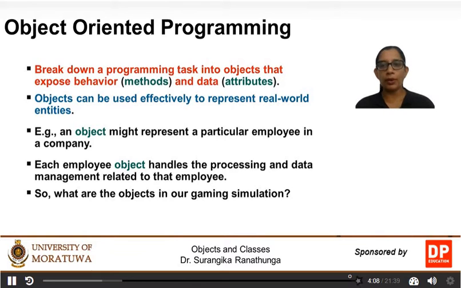An employee object handles the processing of and data management related to the corresponding employee in the company. So, what are the objects in our gaming simulation when it is running? There can be multiple warrior objects, multiple monster objects, multiple tree objects, likewise.